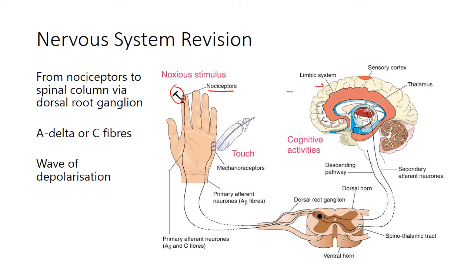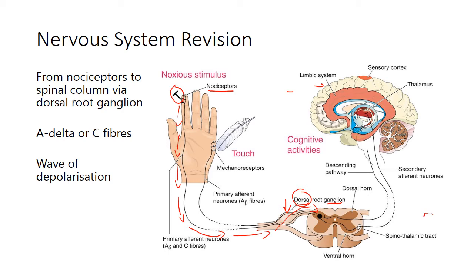But what we need is a wave of depolarization that travels along this long nerve fiber toward the spinal column via the dorsal root ganglion. So what that means is that our nerve pathway travels in the posterior, or the dorsum, of the spinal column, and the ganglion is this part here, this collection of nerve cells.